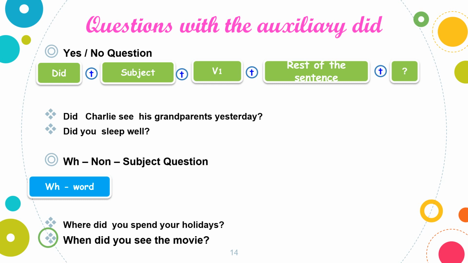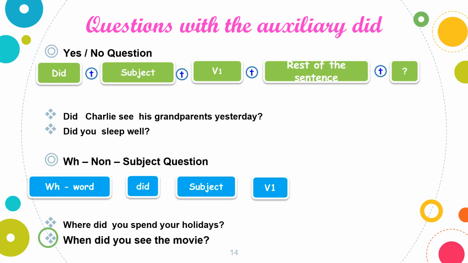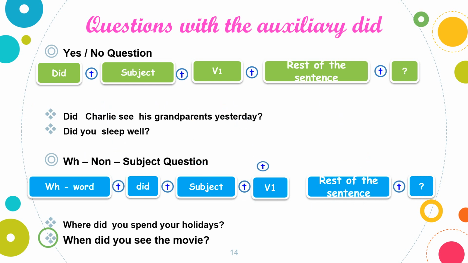And the other example says, did you sleep well? Tú puedes ver que el verbo sleep está en su forma base. And also we have the WH word, and we need the WH word plus did plus subject plus verb plus the rest of the sentence plus the question mark.